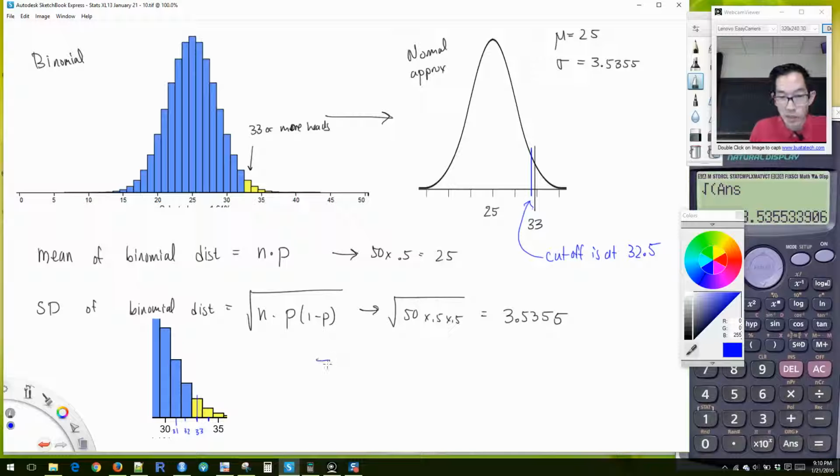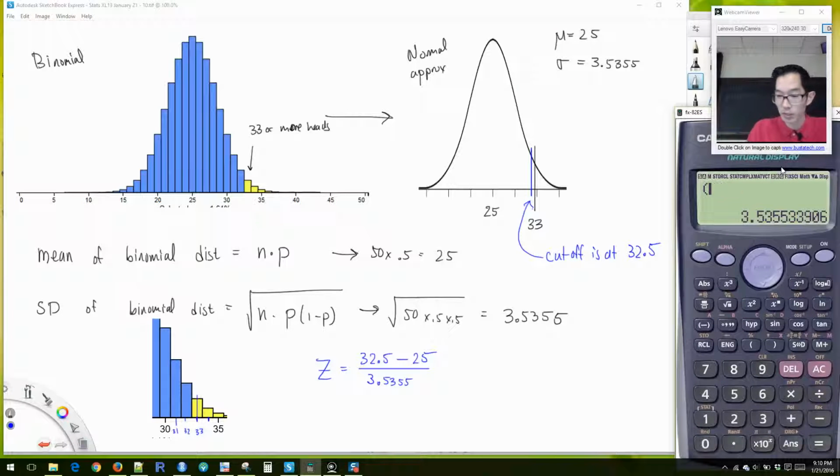So my z is going to be 32.5 minus the mean of 25, divided by the standard deviation of 3.5355. On my calculator I'm going to do 32.5 minus 25 divided by the standard deviation that's already in my screen here using the answer key.